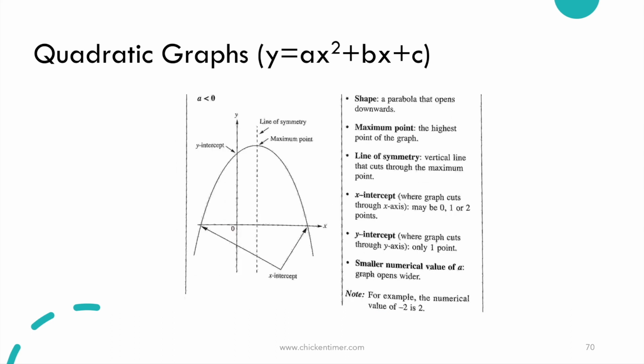If a is negative, you have a shape like this and it has a maximum point. So it's a frown face. It's the same as before. It has the line of symmetry, x-intercept, y-intercept. And the smaller the a, the graph becomes wider.